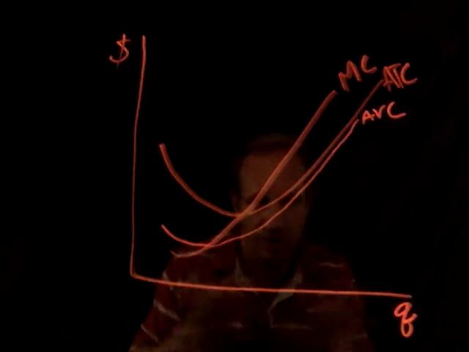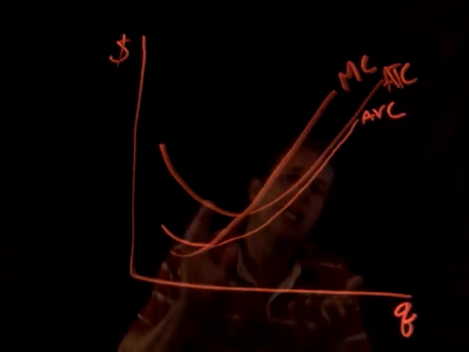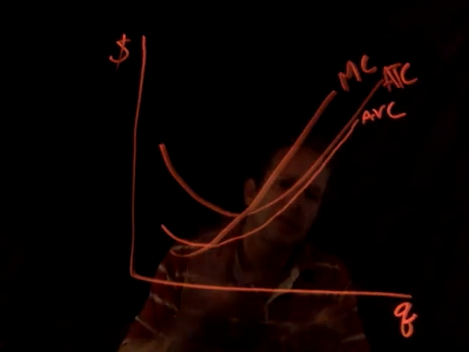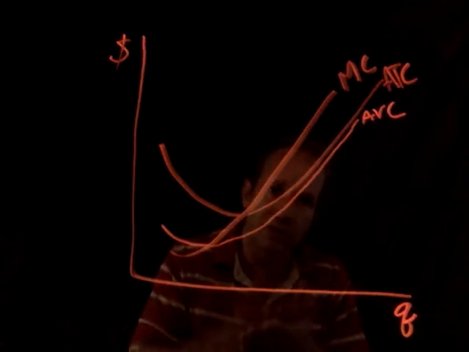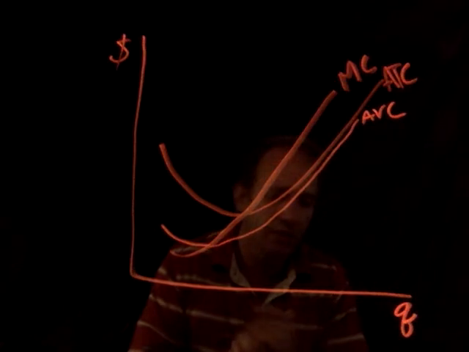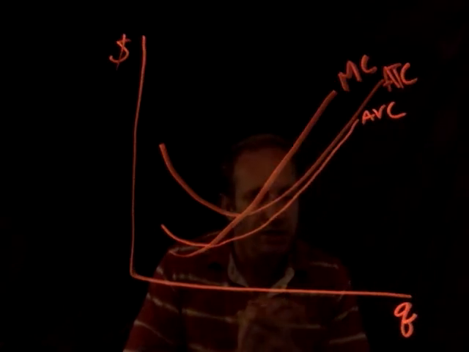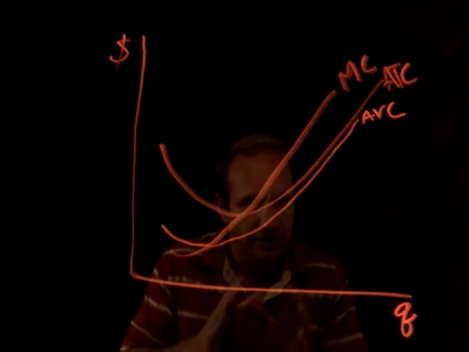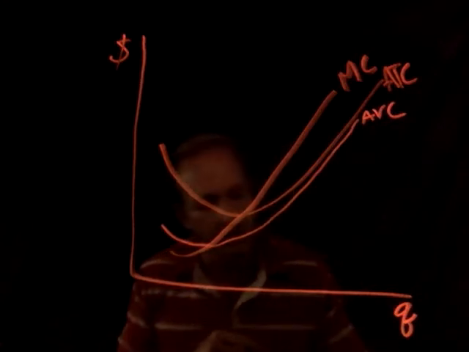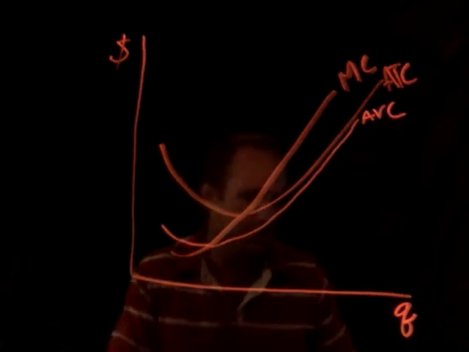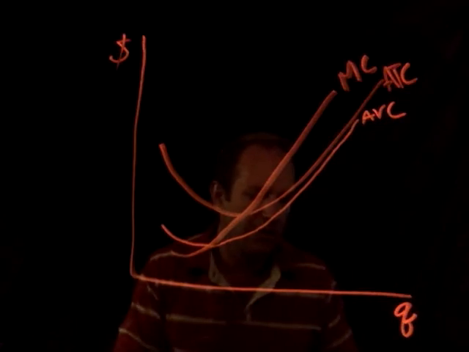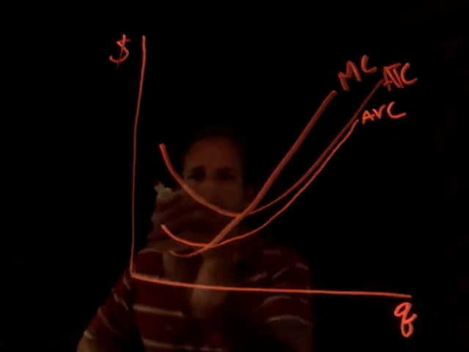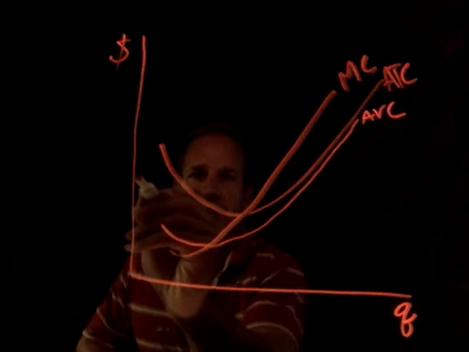I'm using those interchangeably because they mean the same thing. And they will look different for the other types of firms, okay? So let's go ahead and apply our relevant revenue curves. Really, there's just one in this case, and it's the one we just derived in the last video.